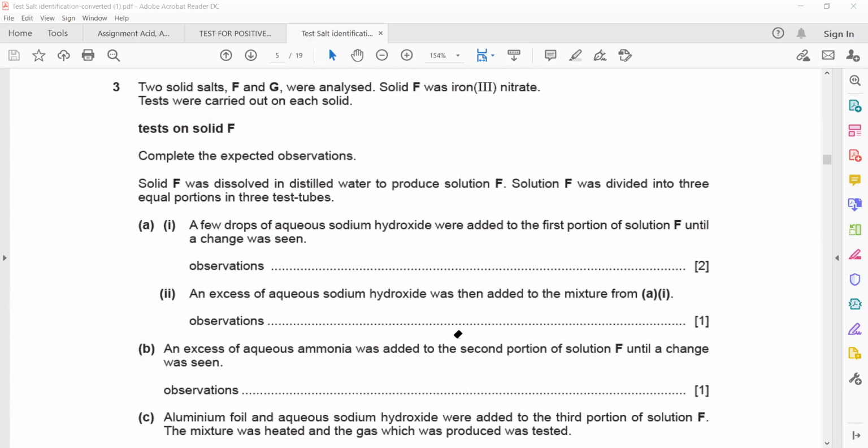So next part, an excess of sodium hydroxide was added, so we did that, and then excess of aqueous ammonia was added. The second part here, if we add an excess of aqueous ammonia, what we will observe?